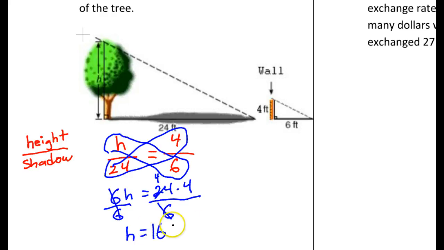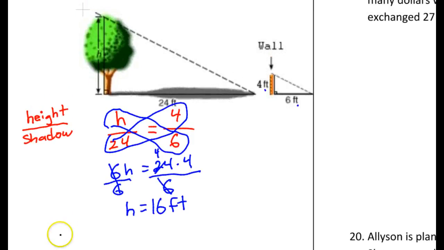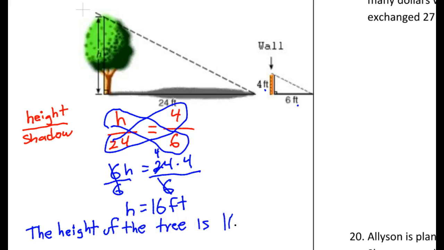16 what? Right. So look at the units, feet, feet, feet. So we know that 16 feet. And what is the height of 16 feet? Okay, the height of the tree. So we might want to write something out and say the height of the tree is 16 feet.